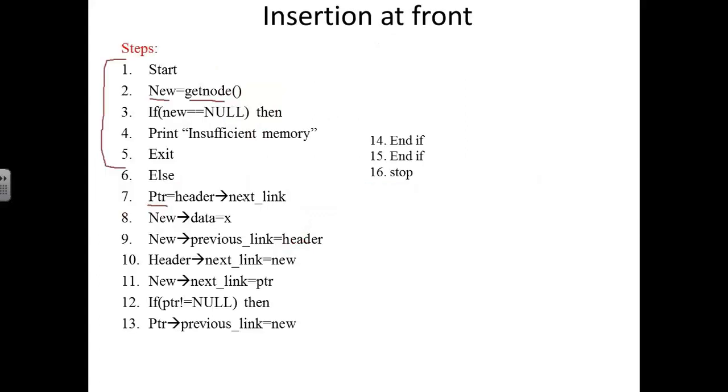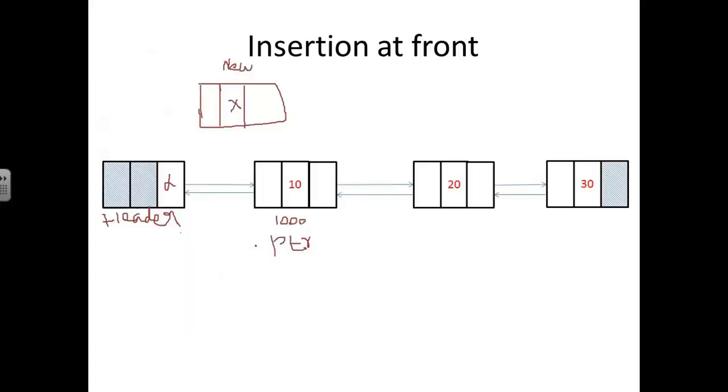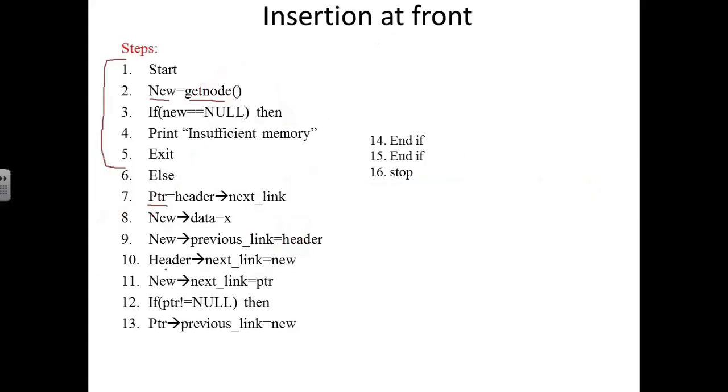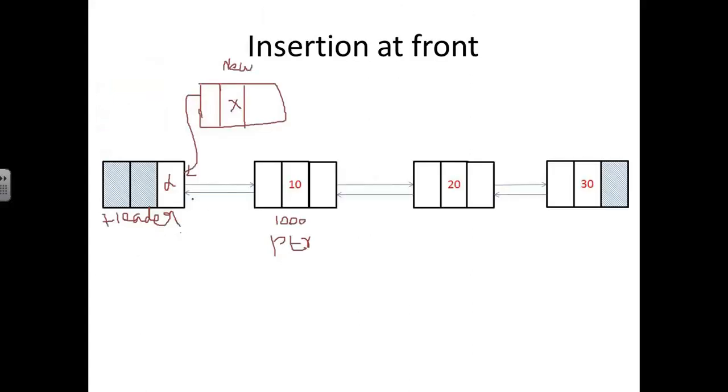And what will happen for the new previous link field? The new previous link field will be holding the address of the header, and header's next link will be holding new. So now header's next link should actually hold the new.